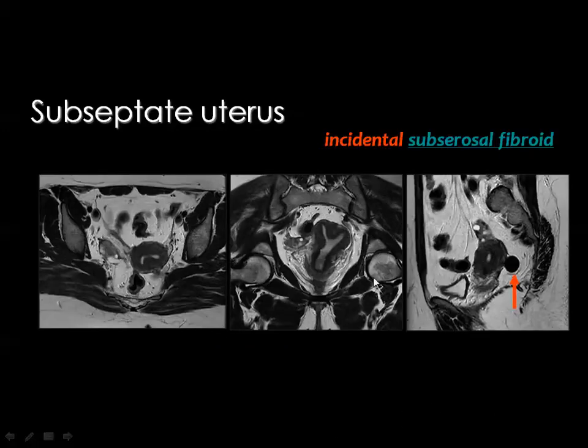This is subseptate uterus with a septum near the uterine fundus, dividing the cavity into two parts with a single cervical canal, and this arrow points to an incidentally found uterine fibroid.